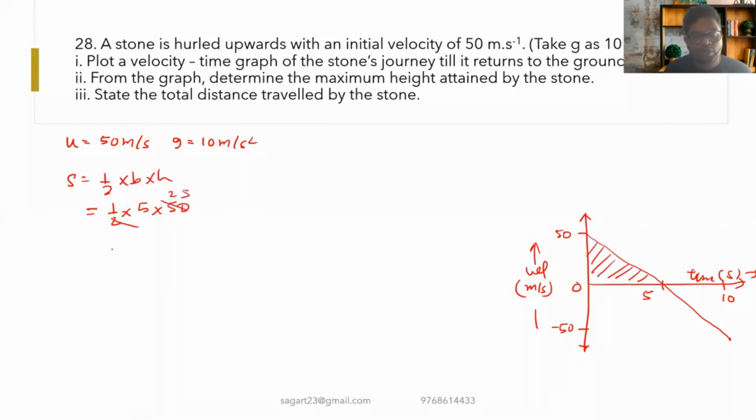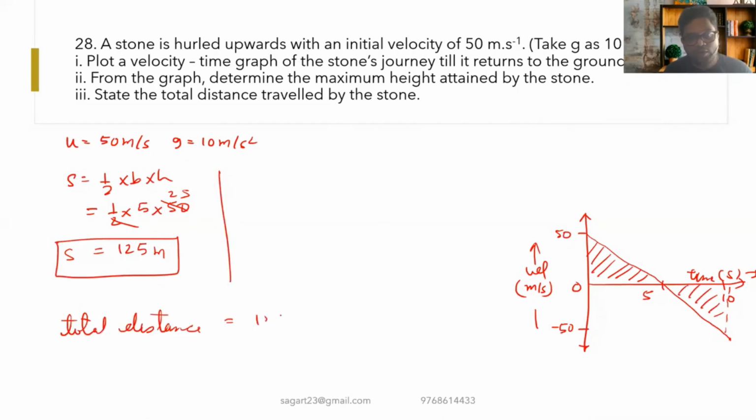So this will be 25, so 125 meters. Okay, and the total distance traveled will be 125 going up, 125 coming down. So that is 250 meters.